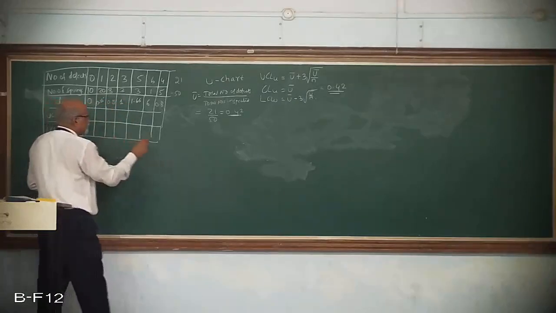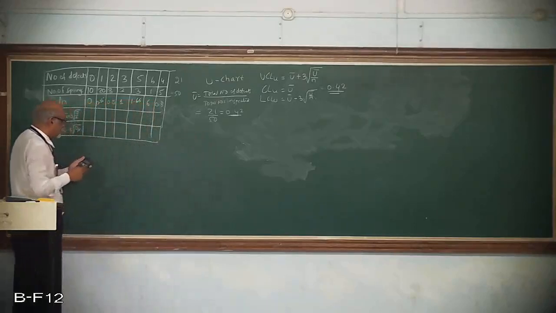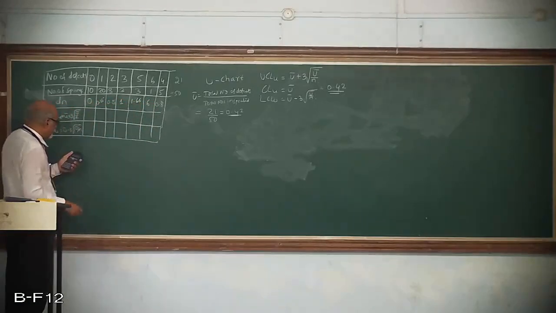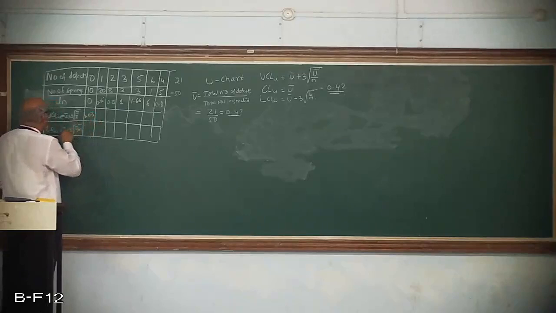This we will remember, 0.6148 plus 0.42. This is 1.03. This is the upper control limit, 1.03, and this is 0.42 minus 0.61. This is going to be negative, hence it is considered as 0.